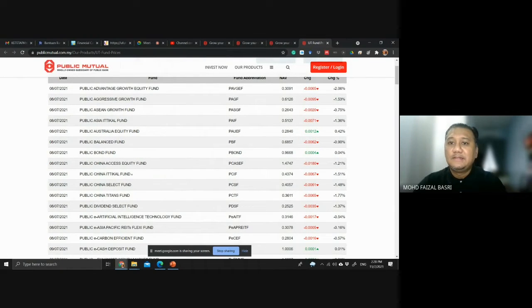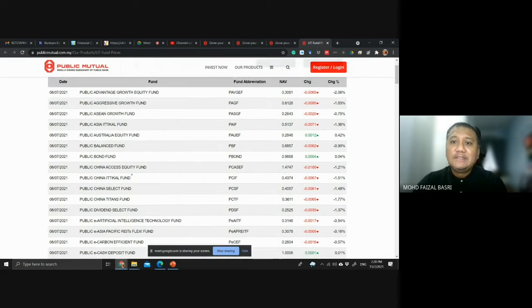And these are the NAV. NAV stands for net asset value. I will explain in a moment what net asset value means. Most unit trusts usually have prices that change, just like the stock market. So when you invest in unit trust, you are actually exposing yourself the same as in the stock market.